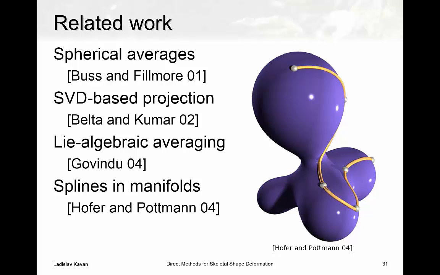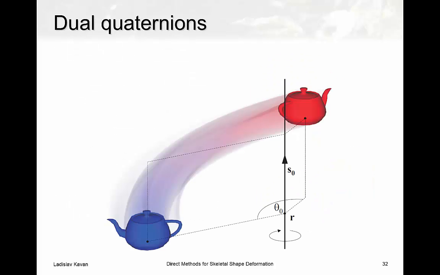And it just gets much slower. So in industry, people never really adopted these techniques. You could get a little bit better deformations, but they just could not justify that it would get much slower. So my idea was to use dual quaternions for this problem.